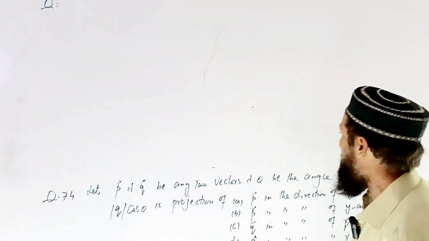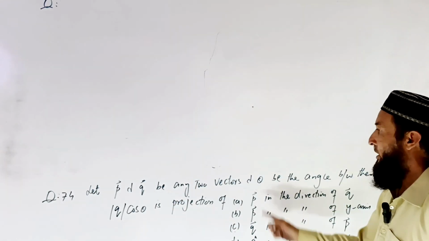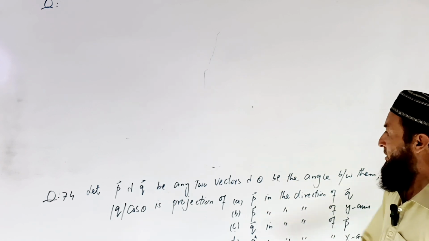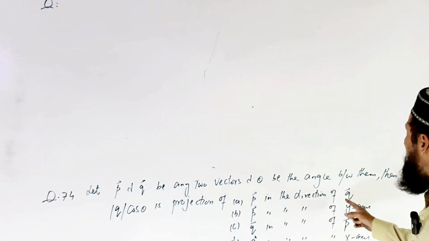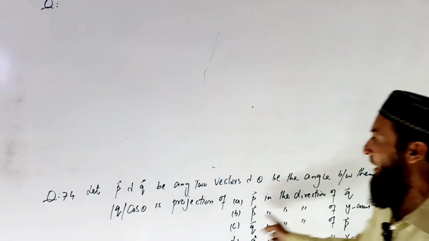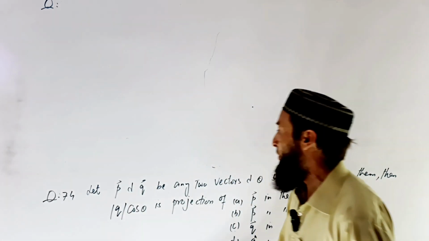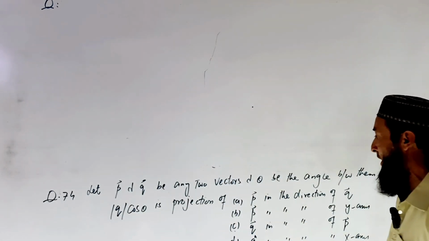P and Q be any two vectors and these vectors make an angle of theta between them, then Q magnitude cos theta is the projection of what?